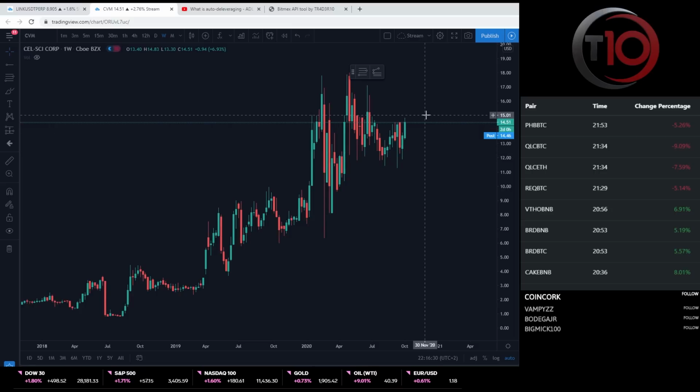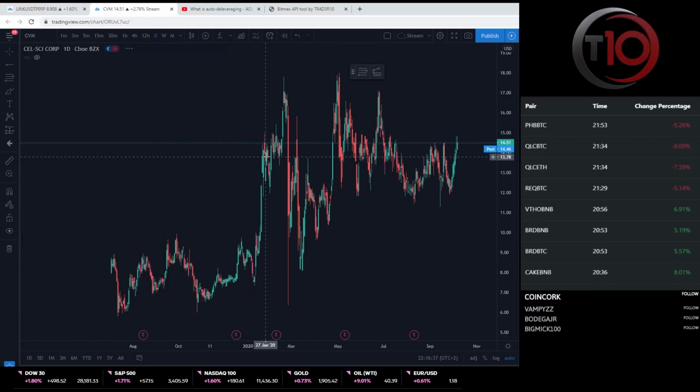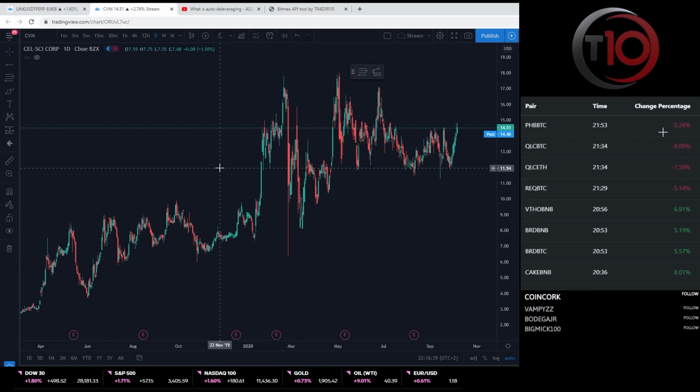Guess you could try a small short there, but it did hold. On the daily, did it lose something? This is the high. So I guess we lost the move to the high here, but we already did the failure.